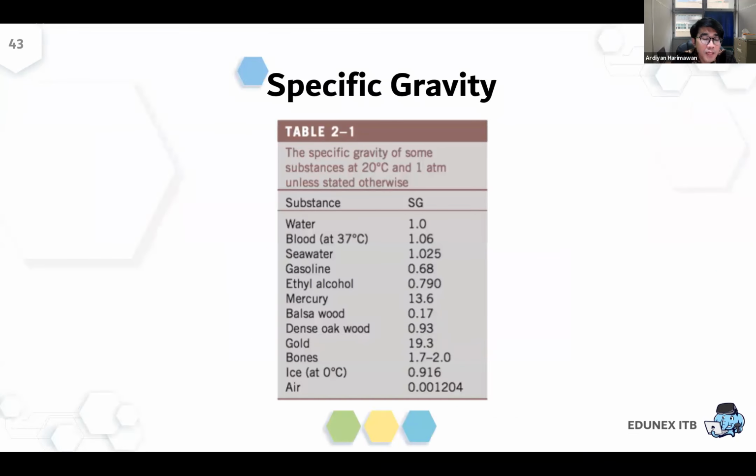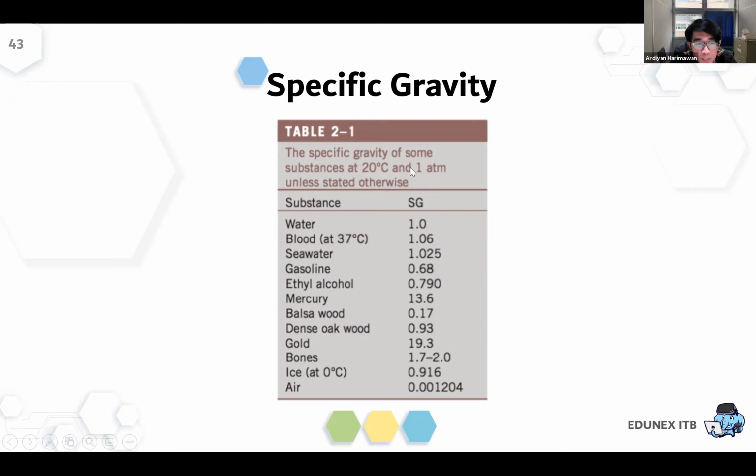Okay, you can get the value of specific gravity from the table, maybe from the textbook or maybe from the handbook, but please pay attention to what the reference is. It means, for example, the specific gravity at 20 degrees C and 1 atm.